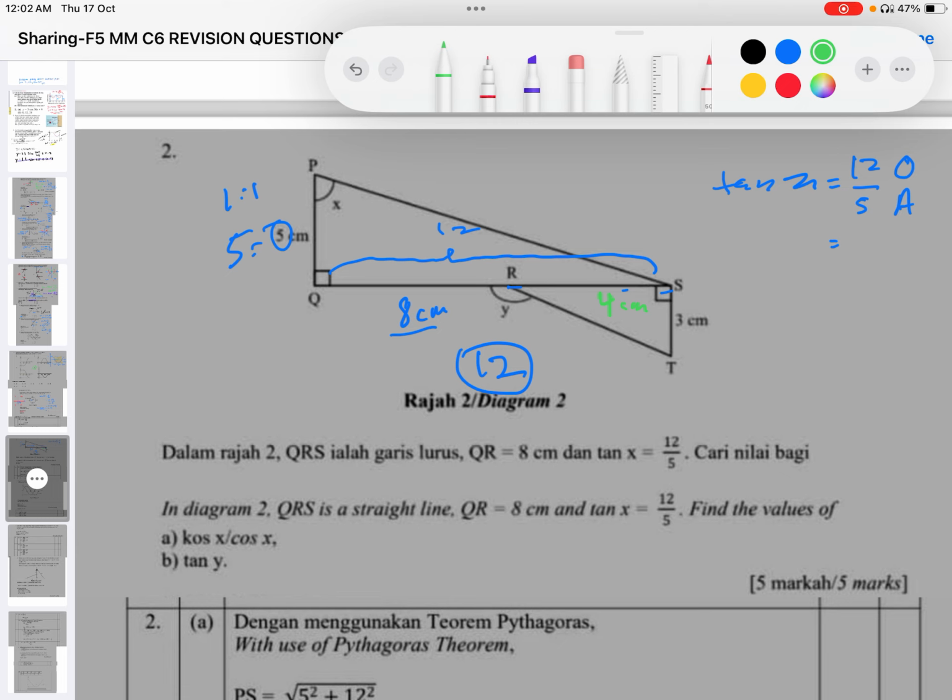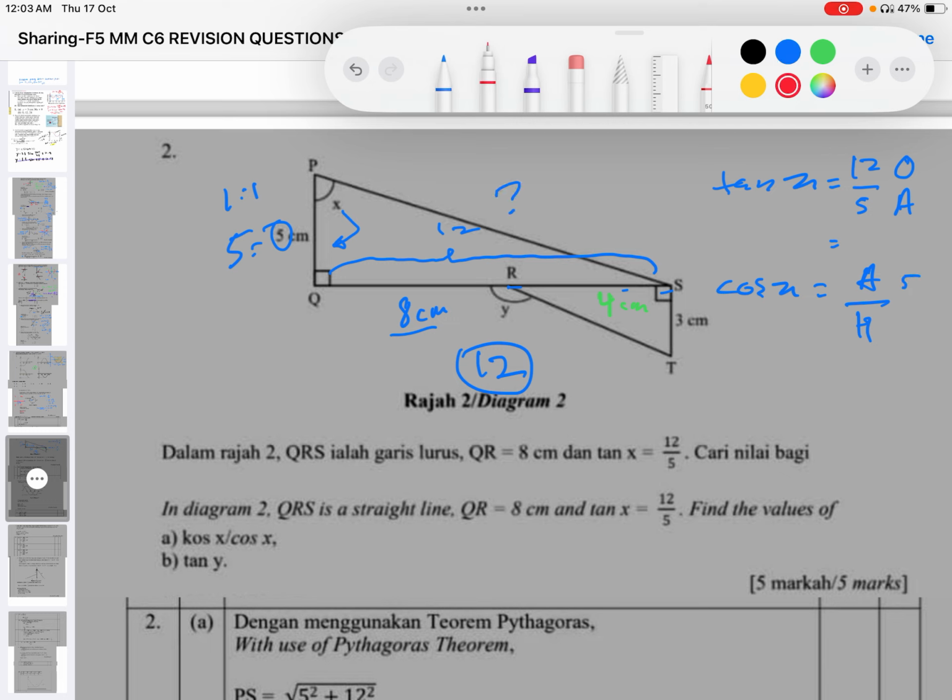Okay, the first question is A, cos x. So cos x will be adjacent over hypotenuse. Adjacent is going to be 5 and hypotenuse is still unknown.